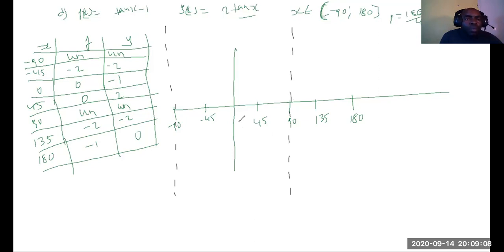Now we will go to our zeros. We've got a 0 at 0 and 45. Does it make sense what I have here for f? What do I have for f?